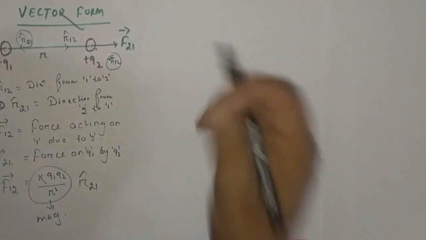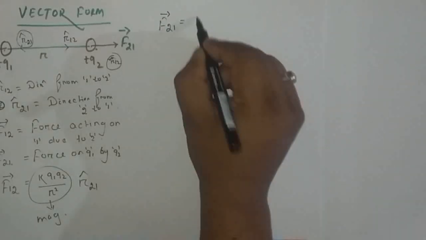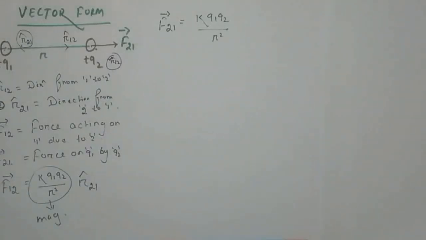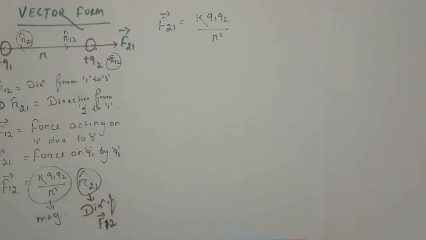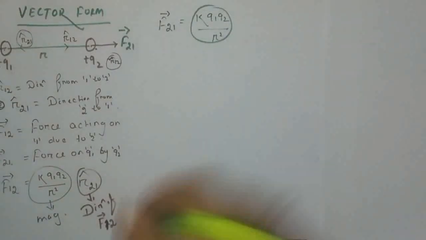Let us go similarly. What is force acting on 2 due to 1? Obviously, magnitude is the same, K Q1 Q2 by R square. What I told? This is the direction of F21, and this is the direction of F1 2. Now my question is, what is F21? This is the magnitude part.